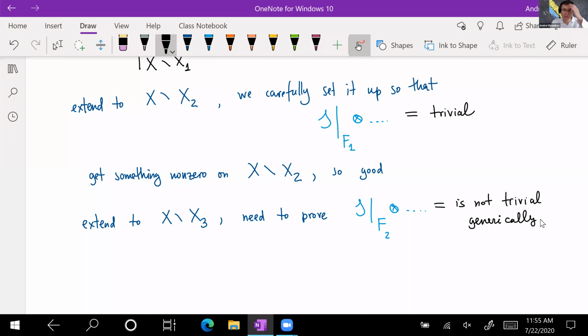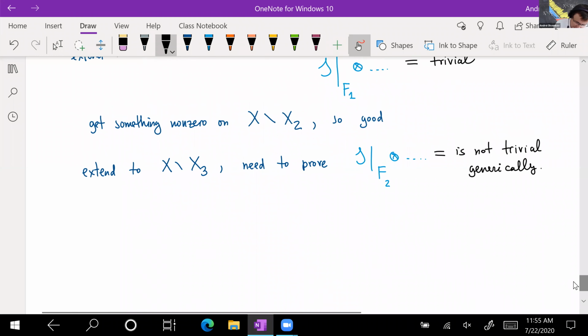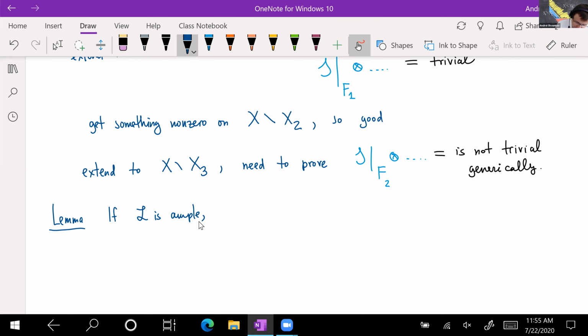And how are we going to see that? There's a very useful lemma, a special case of many other useful lemmas.